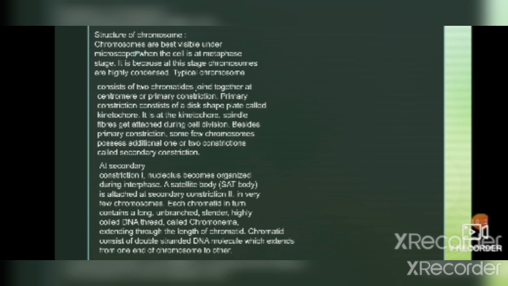Each chromatid in turn contains a long, unbranched, slender, highly coiled DNA thread called chromonema, extending through the length of the chromatid. The chromatid consists of a double-stranded DNA molecule which extends from one end of the chromosome to the other.